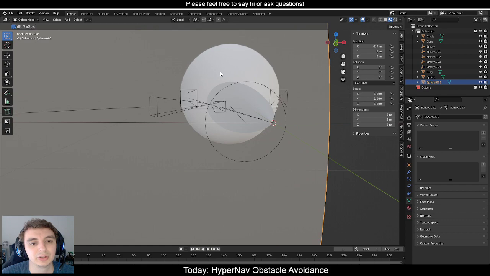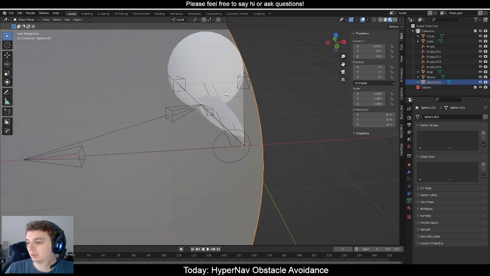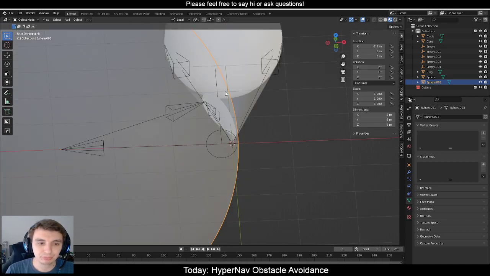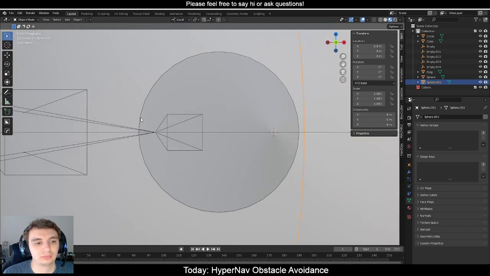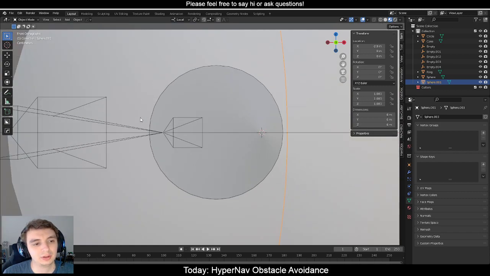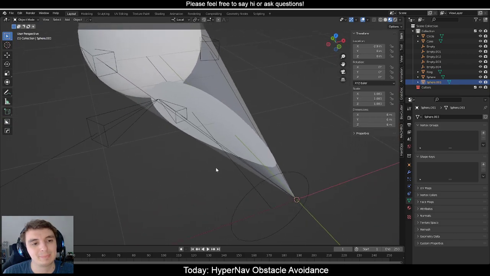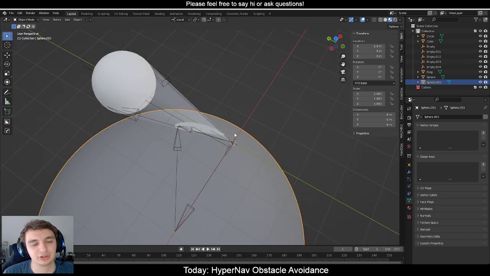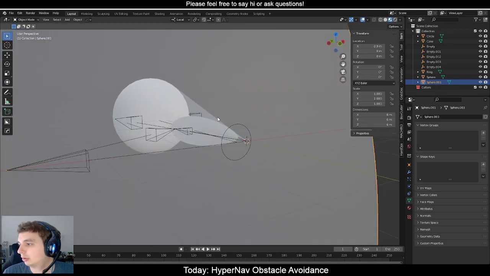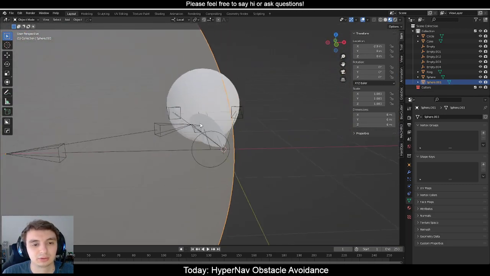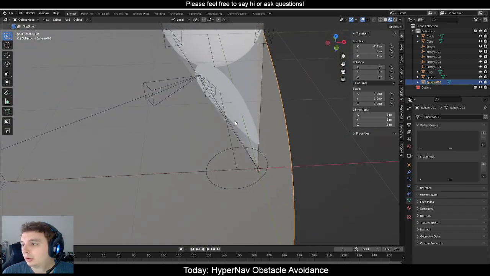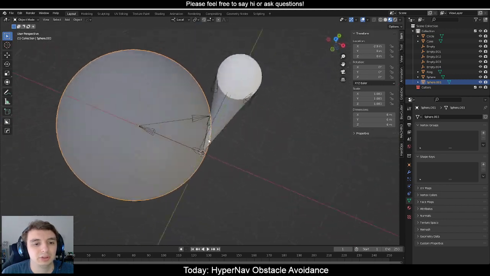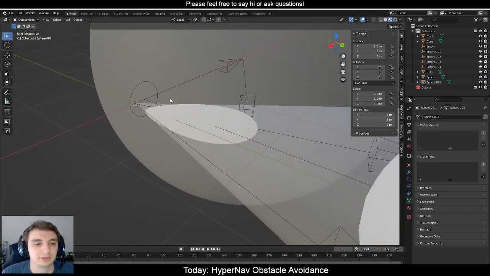I know that I need to move it to the edge of the circle. I'm going to move it to the edge of the circle, and then find where that intersects the sphere. Okay. So now I think I know what I'm doing, and I just need to know how to go about implementing this.